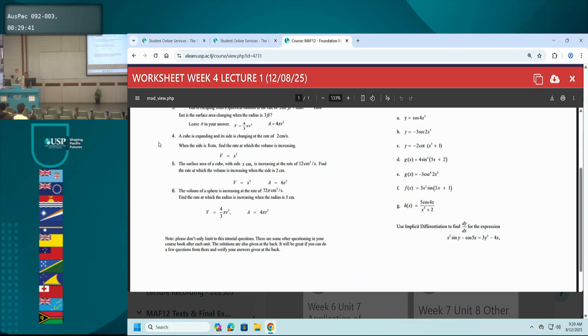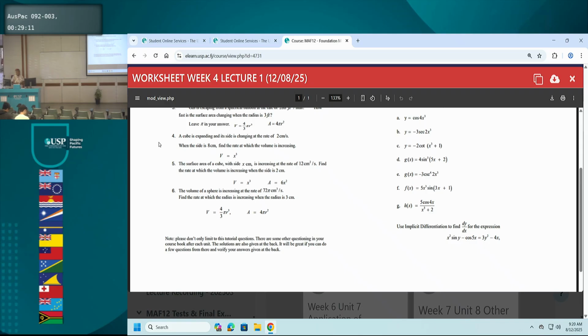And we are asked to find the rate of change of volume when the side, let's give the side the variable x.